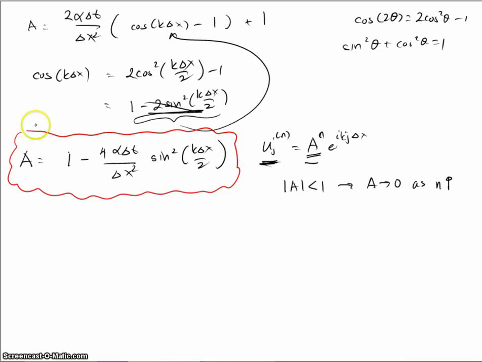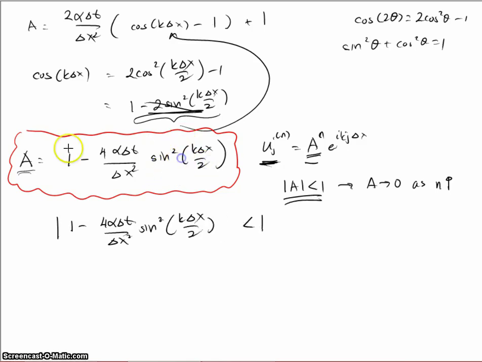Now, how do we know if this magnitude of A is greater than 1 or less than 1? So we want this condition over here. In other words, we have 1 minus this term of sine squared (k Δx/2), and this must be less than 1. And if I open up the modulus, then I will have negative 1 smaller than the term.